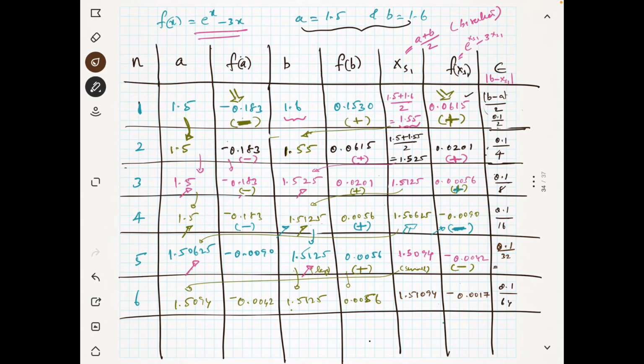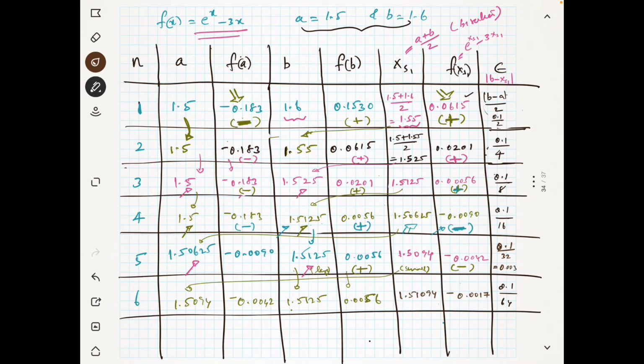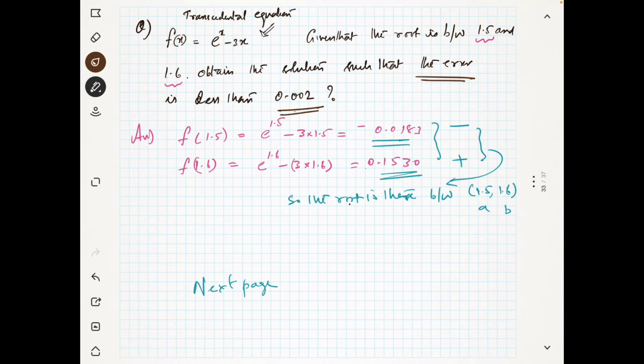You will get this number as 0.0003125, but here you will get this answer as 0.00156. So in the question the error should be less than 0.002.